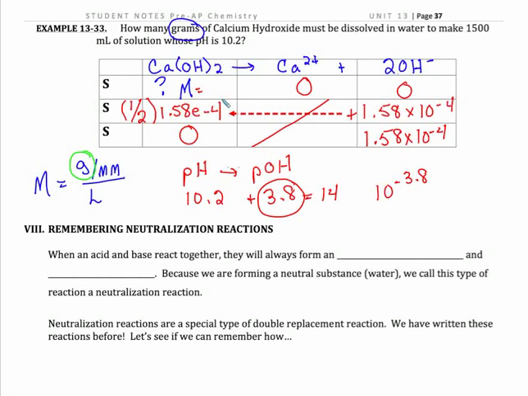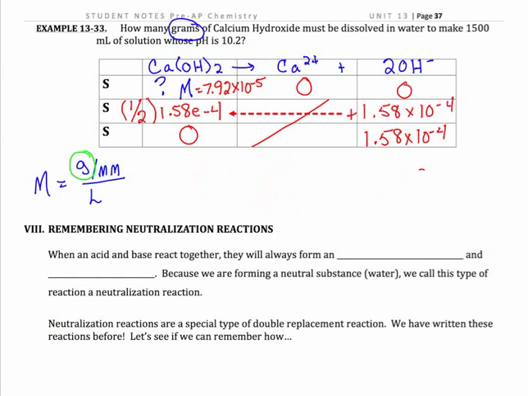So if I divide that out, I now have my molarity I was after. And I got 7.92 times 10 to the minus 5th molar. Now that's getting pretty tough. We've got a lot of partial credit laid out on the paper right now, but we're not quite where we need to be. So let me get myself a little bit more room here.